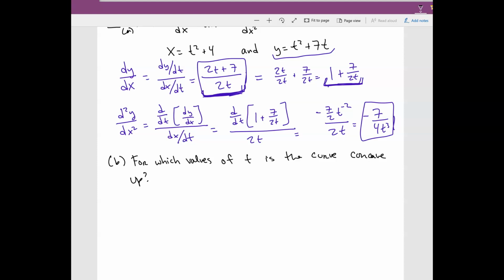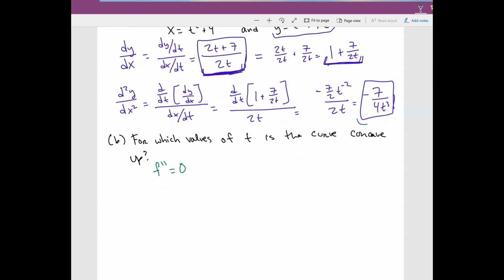Remember that in order to figure out whether something is concave up or down, we need to find the inflection points. So we're going to take the second derivative and set it equal to 0 to find all possible inflection points. So here's my second derivative: negative 7 over 4t cubed is equal to 0. Remember that you can have possible inflection points when the second derivative equals 0 or when the second derivative is undefined.